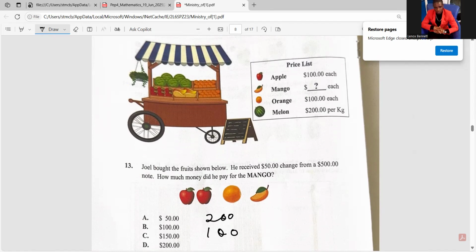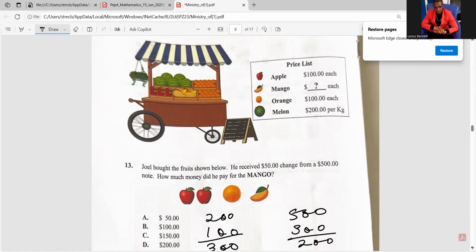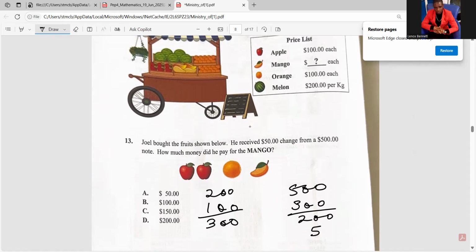And the mango. All right, so he spent a total of $300 and he had 500. So 500 minus that would give us $200. But guess what? He only received a change of $50. So that means the mango is $150.